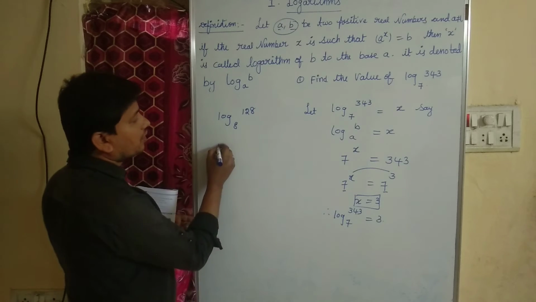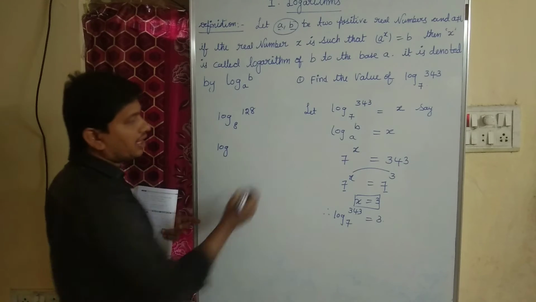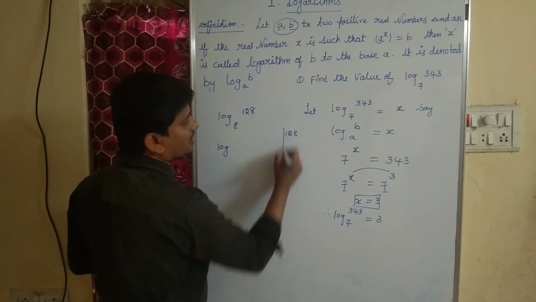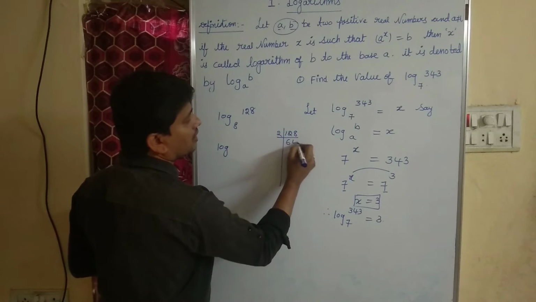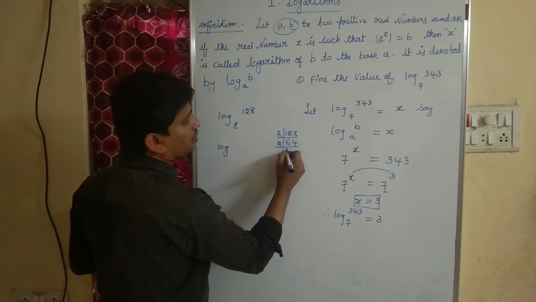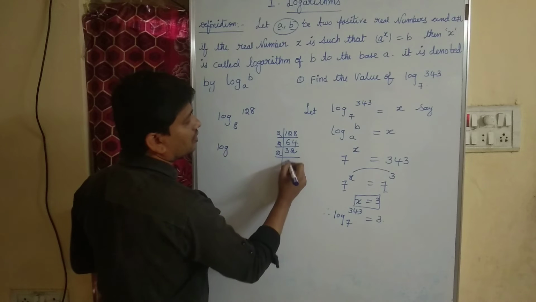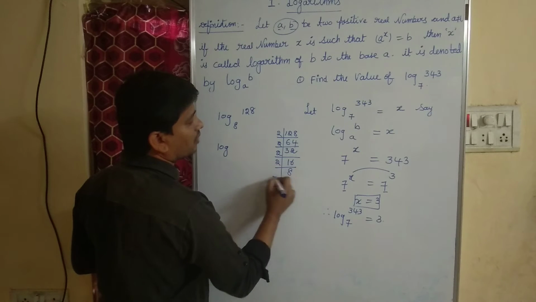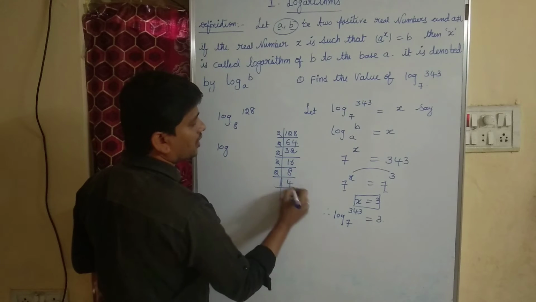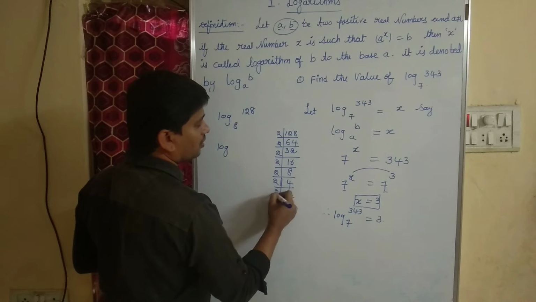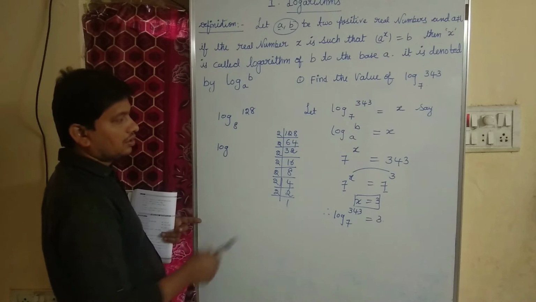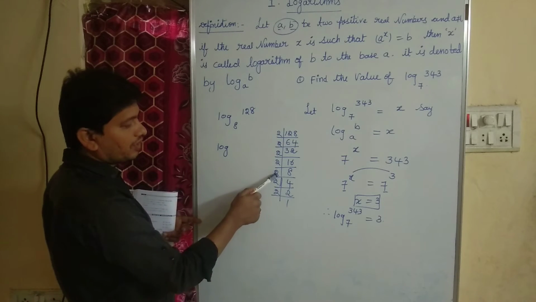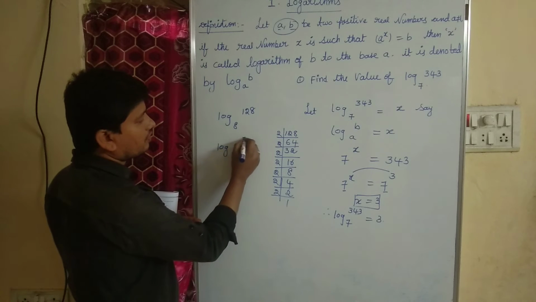How can I write 128? I can express 128 by repeated division by 2: 128, 64, 32, 16, 8, 4, 2, 1. There are seven 2s, so I can write it as 2 raised to the power 7.